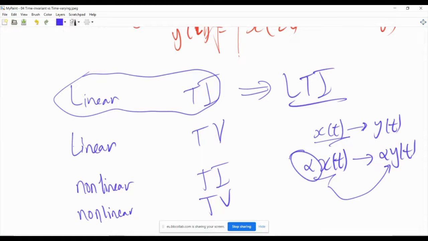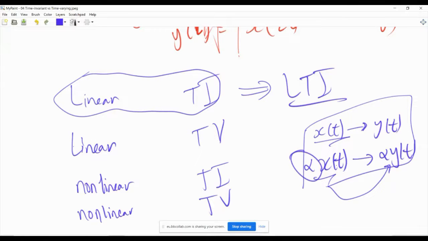So yes, you can make this claim that for actual systems like amplifiers, you can have linearity satisfied on a range, but the mathematical definition is very harsh. You should have this for every possible amplitude scaling.